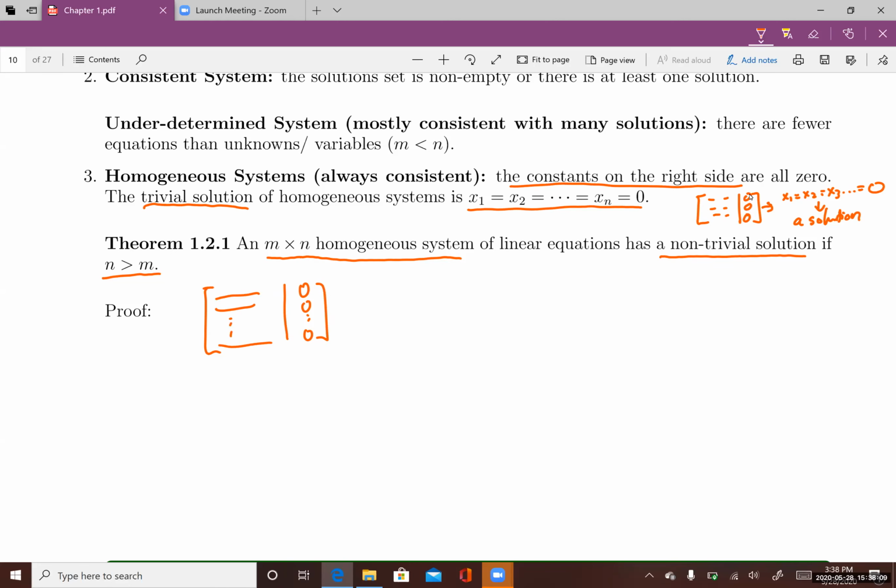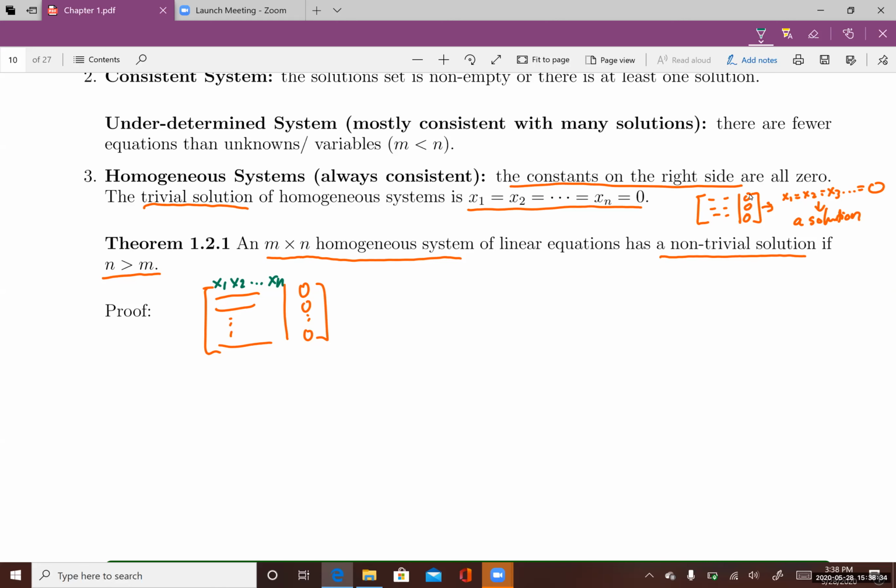A homogeneous system, m by n. So m is the number of equations and n is the number of variables. So x1, x2, up to xn. So you have n variables, right? And then you have m equations.